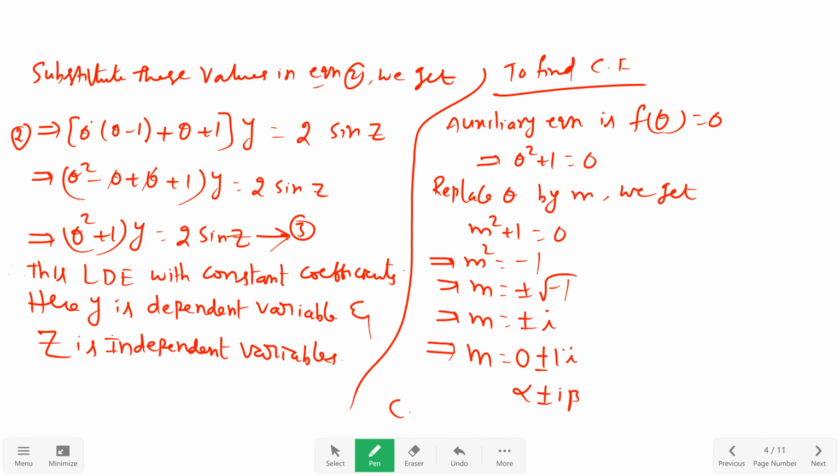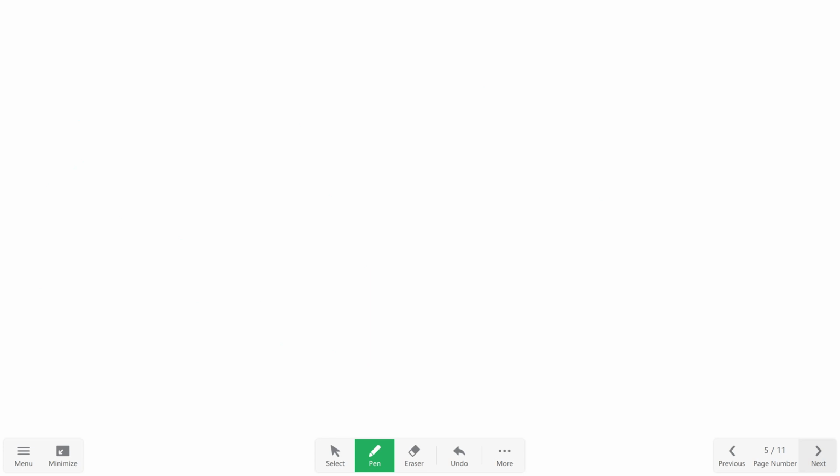Therefore the formula for the complementary function CF is e^(αz)(C1 cos βz + C2 sin βz). Here the independent variable is z. Now you can substitute the α and β values. α and β are the real and imaginary parts of the roots.